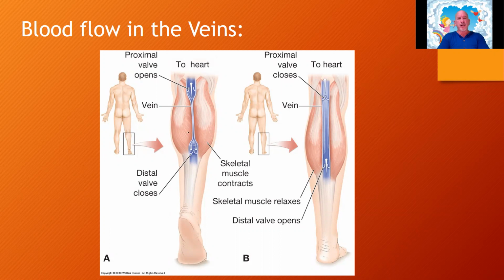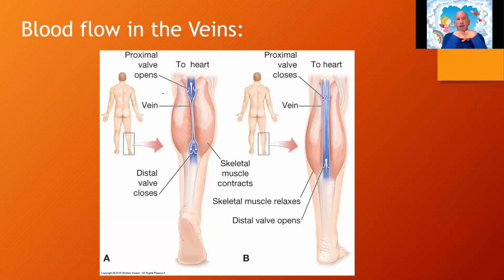So when you're walking down the street and your calf contracts, you basically squeeze the vein and the blood goes up the vein, and there are little valves in the vein that close and keep your blood from dropping back down again. That is how we get the blood back to our heart. It's our actual muscles contracting that squeezes the blood from our veins back to our heart.